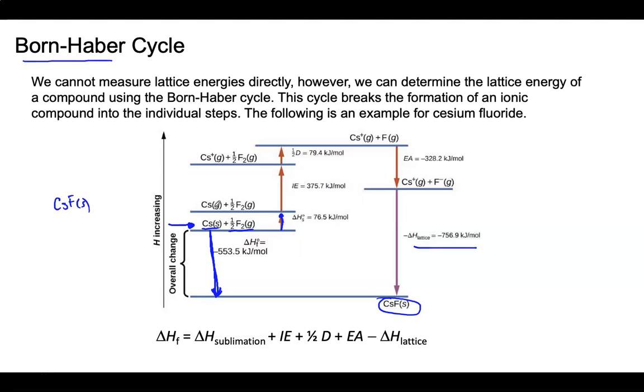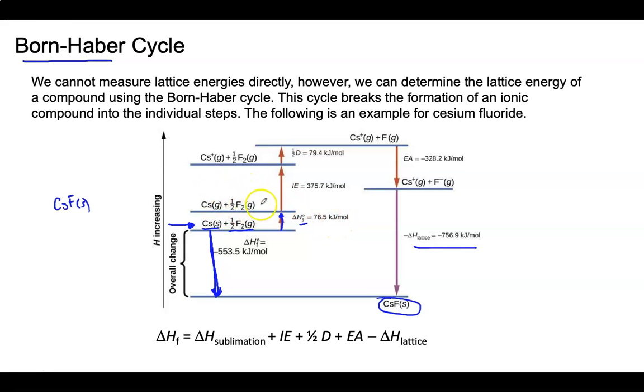So ionization energy is the amount of energy required to remove an electron from an element, from an atom or ion, in its gaseous state. So what we're going to do is put enough energy in to convert the cesium to cesium gas. That process is called sublimation, so it's delta H sub S, and that's the energy we have to put in as heat for that to happen.